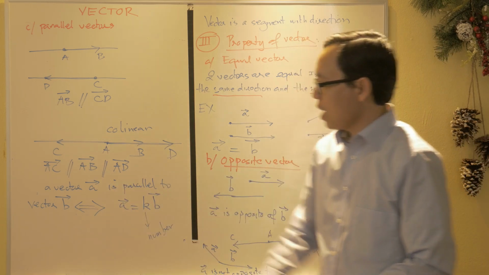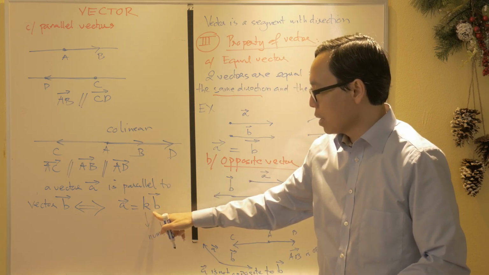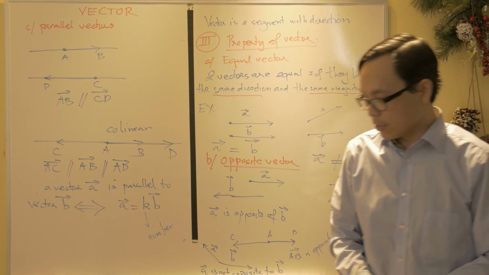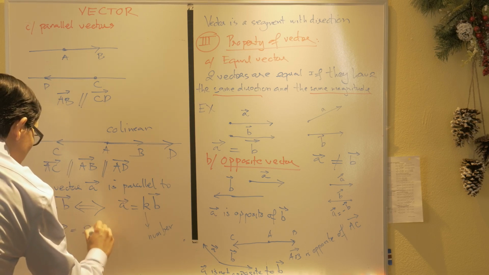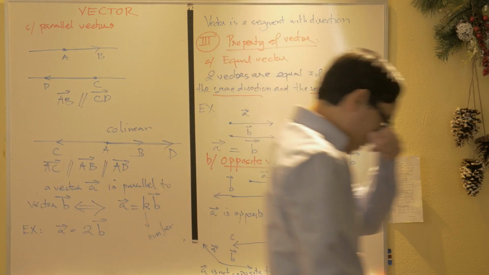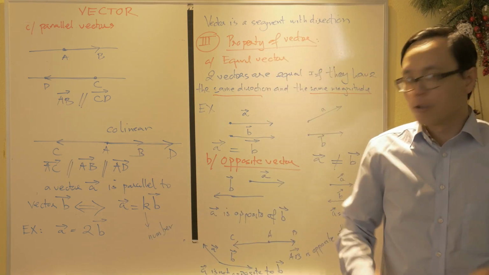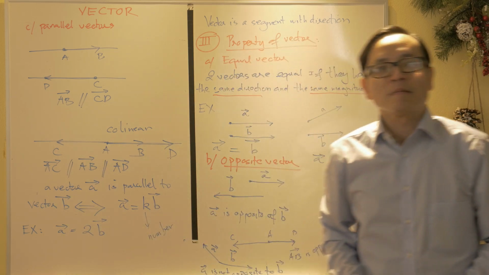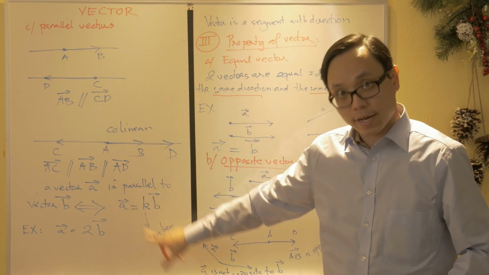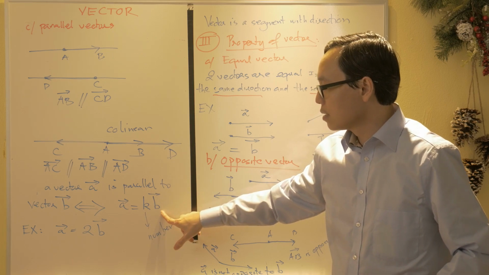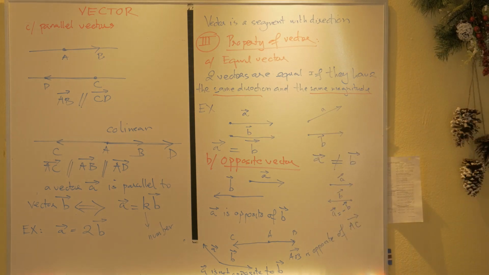So you can show vector A parallel to vector B if you can show A equal to a number times vector B. For example, if you can show vector A is twice vector B, you conclude right away that vector A is parallel to vector B.